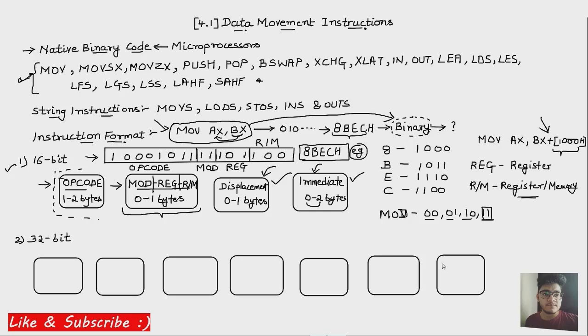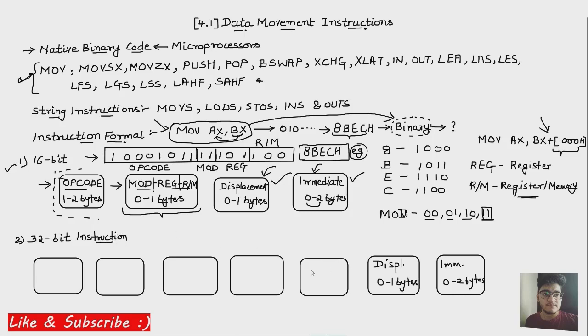First of all, in the last, we again have the immediate addressing, right? I'm just going to quickly write it. It is also 0 to 2 bytes. We again have displacement here, and it is again 0 to 1 bytes in a 32-bit instruction format, right? I will write instruction here so that you are not confused.